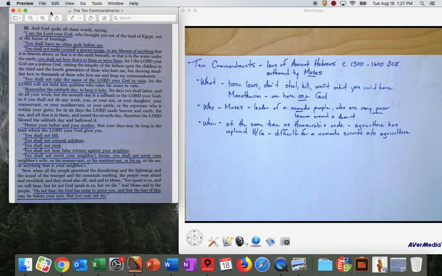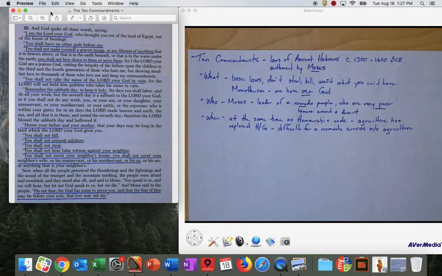Or if we want to think about this a different way, Hammurabi's code is written at a time or in a place where agriculture is taking over. And this is written from the perspective of people who don't have agriculture. Hammurabi is written from the point of view of someone who has everything. This is written from the point of view of people who have nothing.